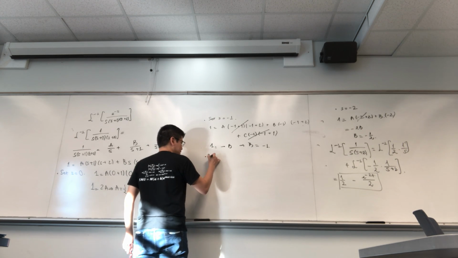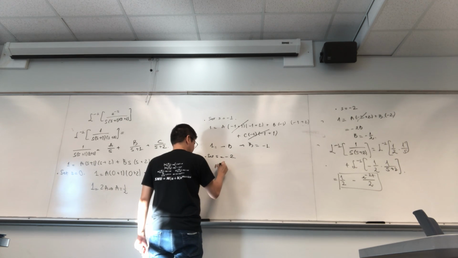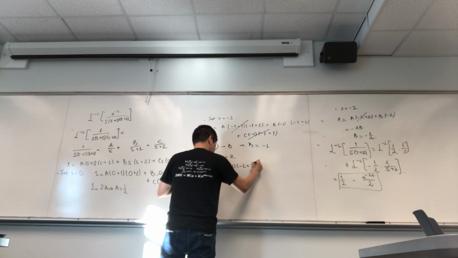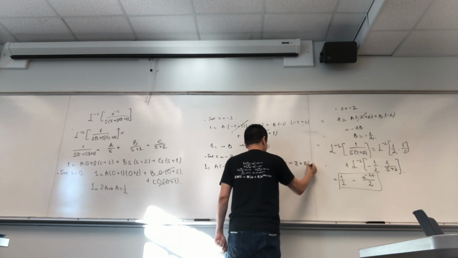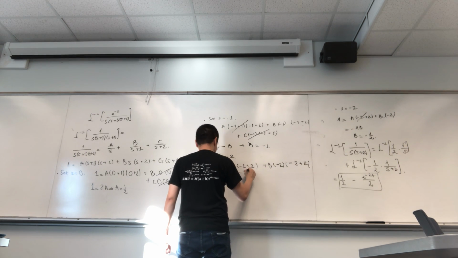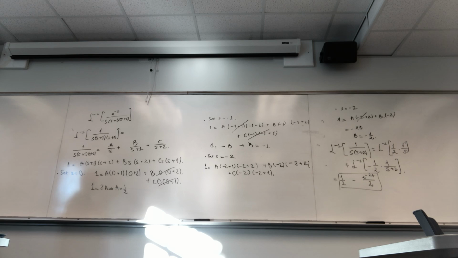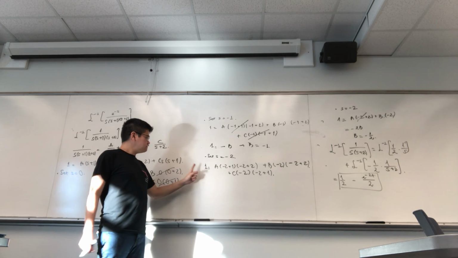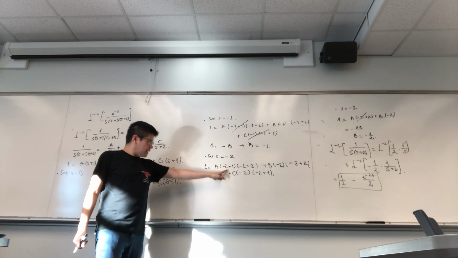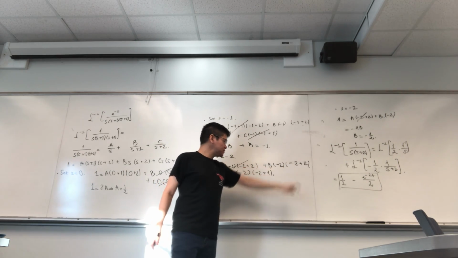The next step is to set s to be -2. When s is -2, I have 1 equals a (-2 plus 1)(-2 plus 2), so this term goes away. The b term has (-2 plus 2), so it also goes away.